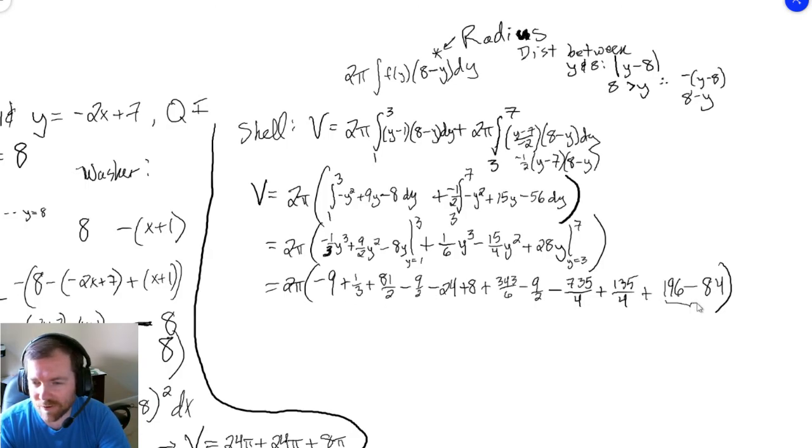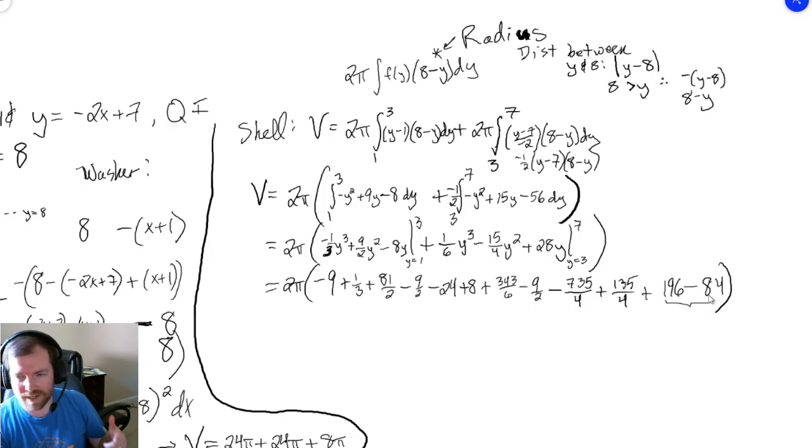Alright, so let's start at the end. 196 minus 84 is going to be 112. Negative 735 plus 135, we're going to subtract those two, is going to be 600 over 4, which is going to be 150, negative.